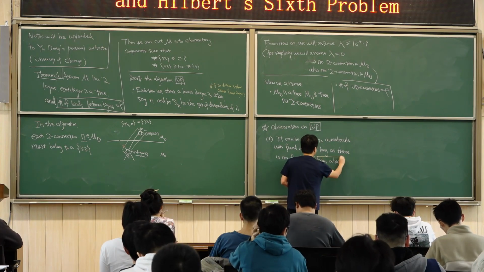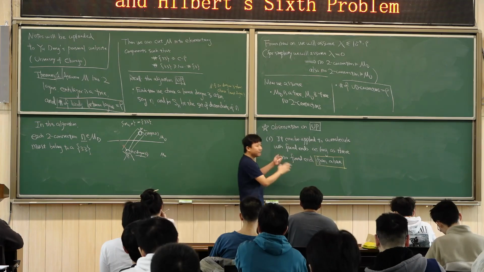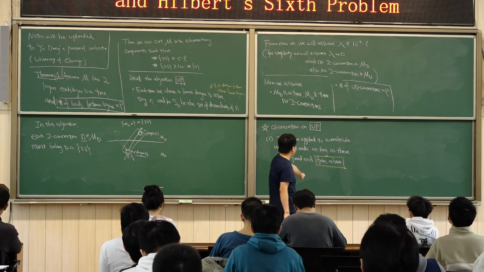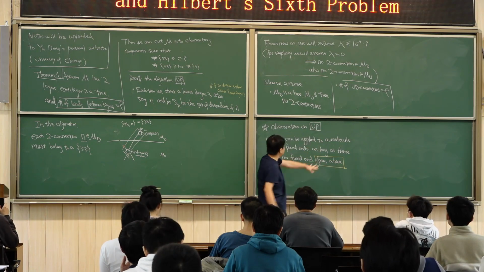Okay, so this is an important observation. So basically, if you have a molecule with some fixed ends, as long as these fixed ends are all from below, you can still apply the up algorithm.